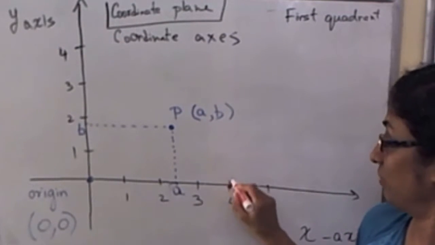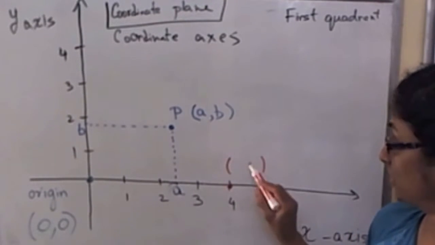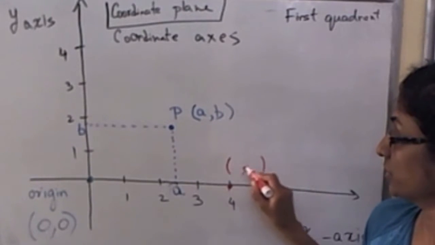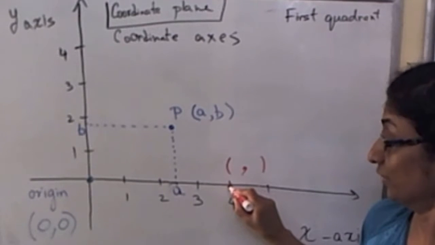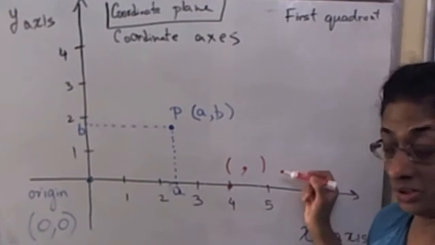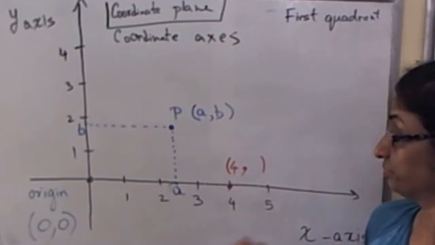What is such a name? Well, such a name starts and ends with parentheses, and there's a comma in between. So what goes in here? Well, from this point, draw a vertical line and allow the vertical line to meet the x-axis. If we do so, we actually get 4. So 4 goes in here.